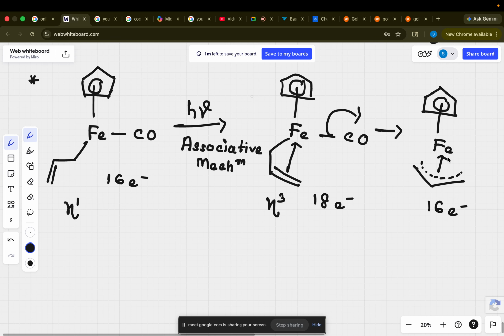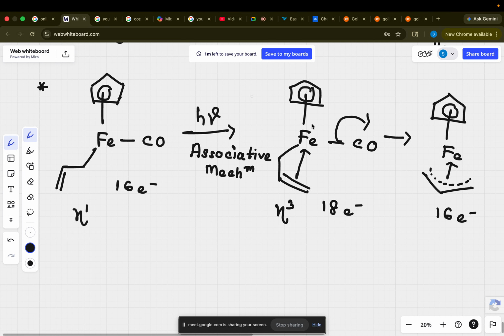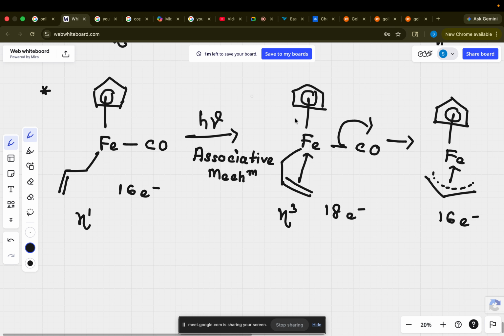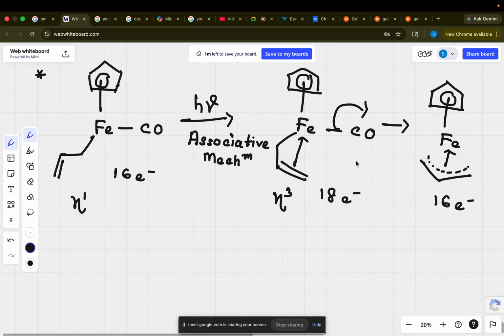Here the coordination number will be 4. Just see how many carbon centers are attaching with the metal center. Here basically all the 5 carbons are donating. So that is the scenario.